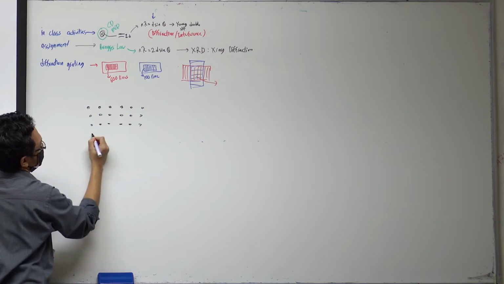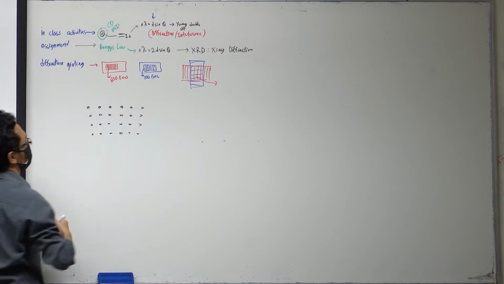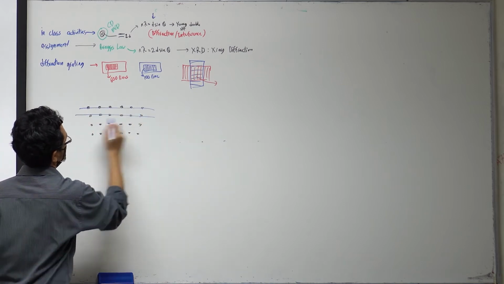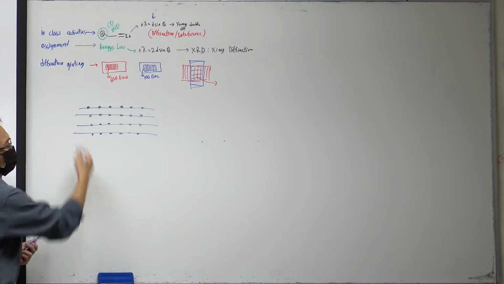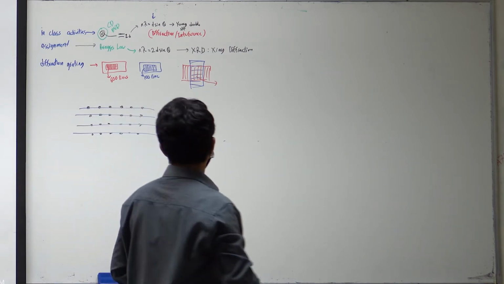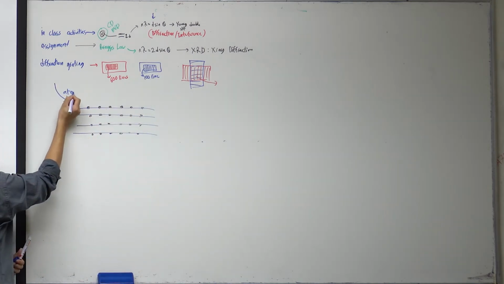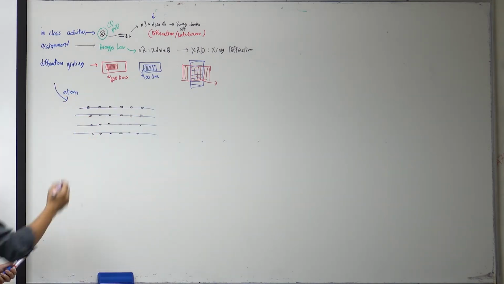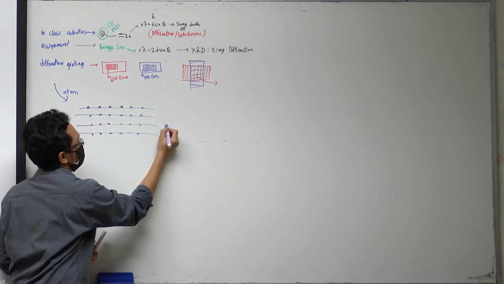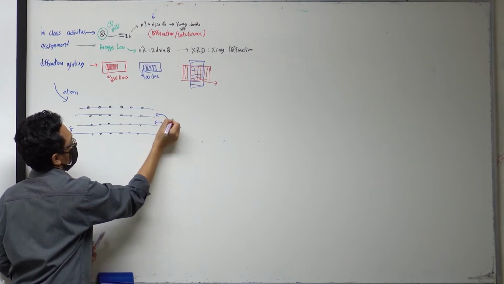So this is when you expand the idea of the diffraction grating to the atom. But to see the distance between the atoms, between the planes, we call it the plane, the plane.